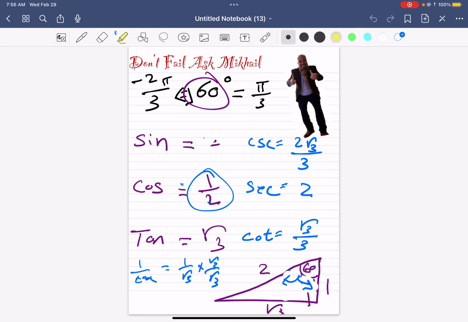These are my 6 trigs over here. The sine was radical 3 over 2. Sorry about that, folks. Technical issue. All right. The sine, the reciprocal, which is cosecant; the cosine reciprocal, which is secant; the tangent reciprocal, which is cotangent.